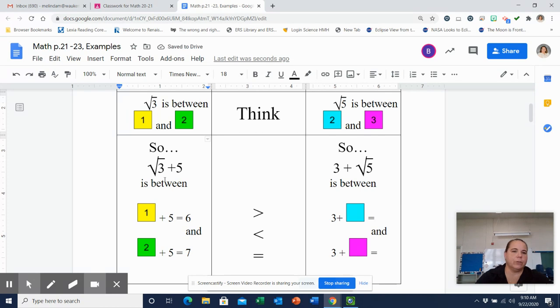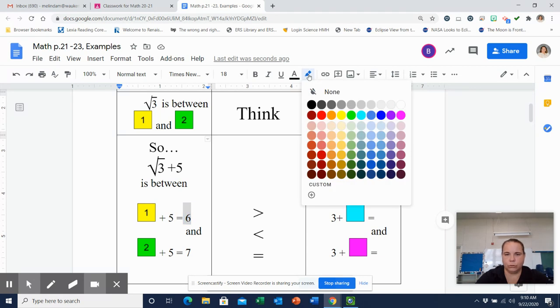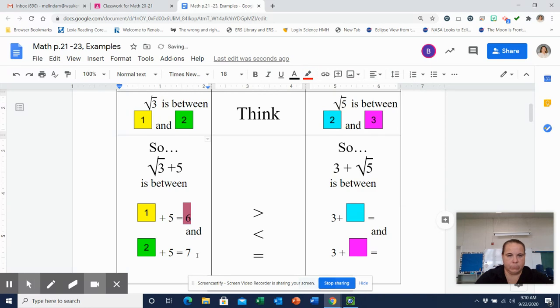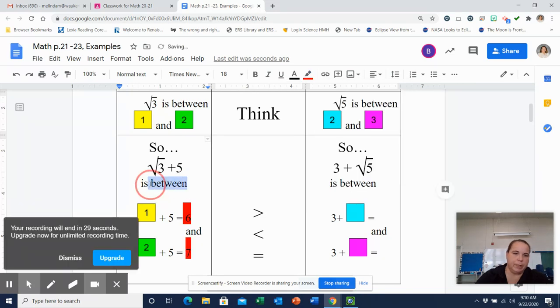So now we know that the square root of 3 plus 5 is between, and I'm going to pick a different color, 6 and 7. So we know this is between these two values.